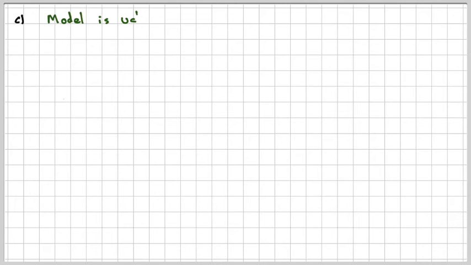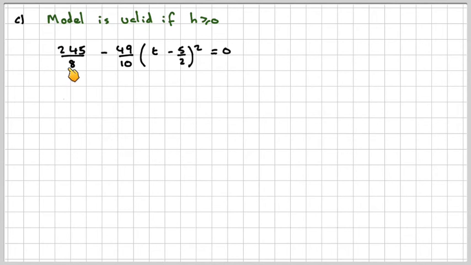Right, to find where the model is valid, the model will be valid if the height is positive, because we can't have negative height in this case. We've got 245/8 minus 49/10 (t − 5/2)² equal to 0, which means that 49/10 (t − 5/2)² is equal to 245/8. Now we're going to divide by 49/10, or multiply by 10/49.